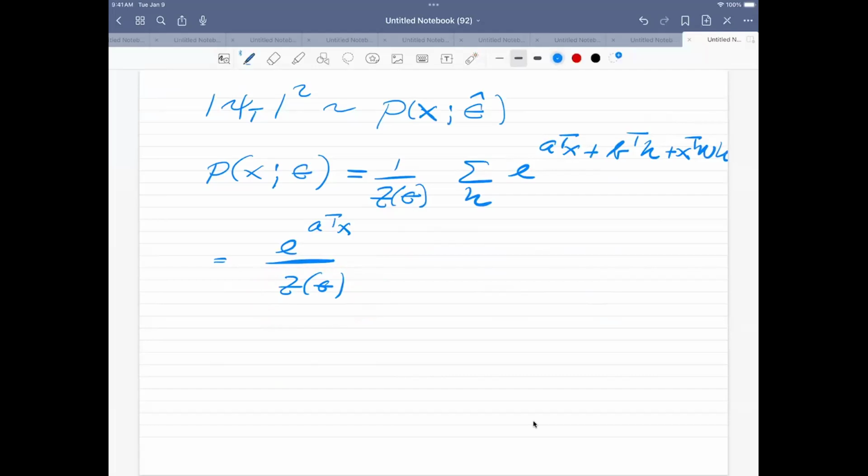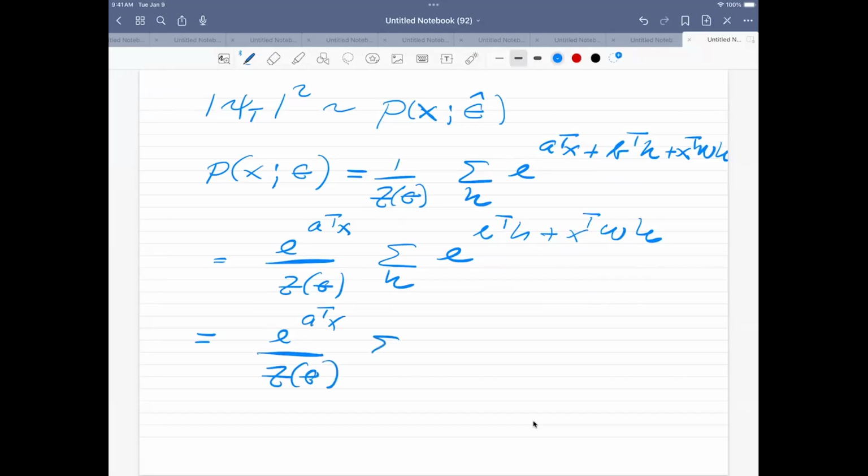So we need to perform this calculation here. So we would have a sum over h, and then we need simply to have the e to the b transpose h plus x transpose W h. And this is something which you've probably seen when you studied systems in statistical physics, is that you can rewrite this in terms of e to the a transpose x times C of theta.